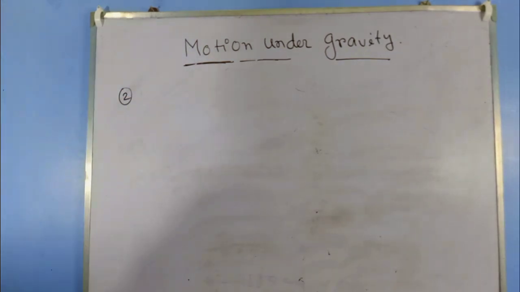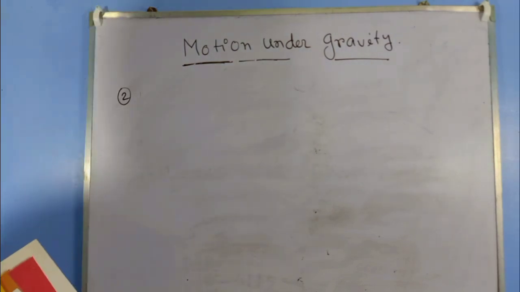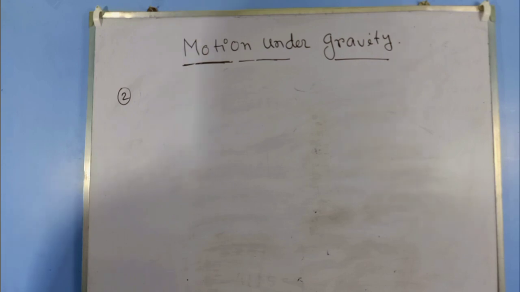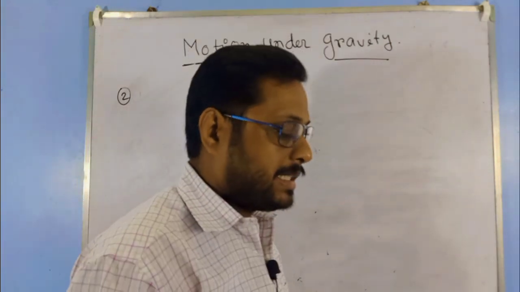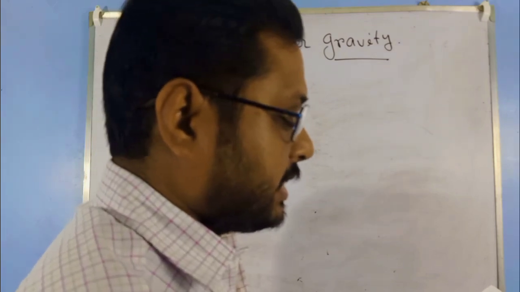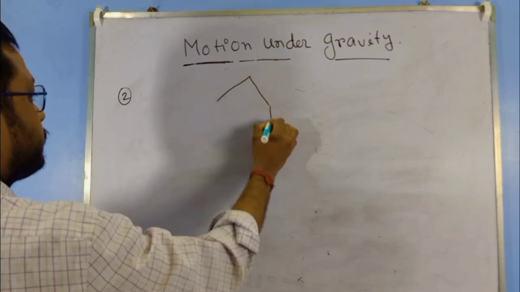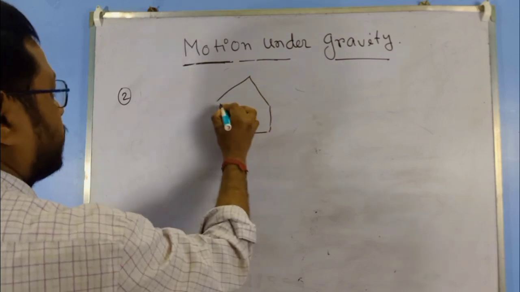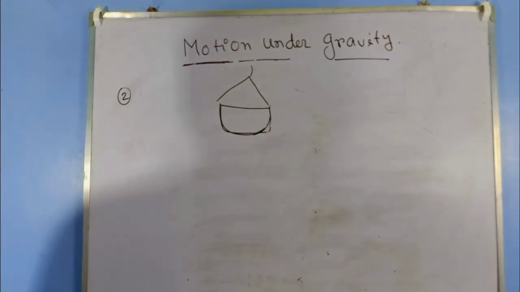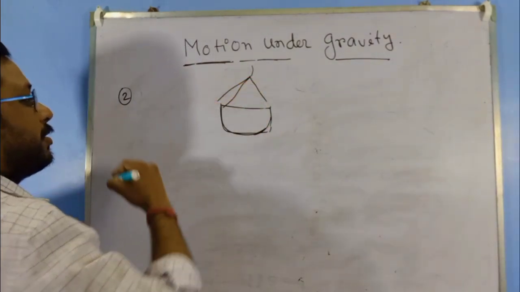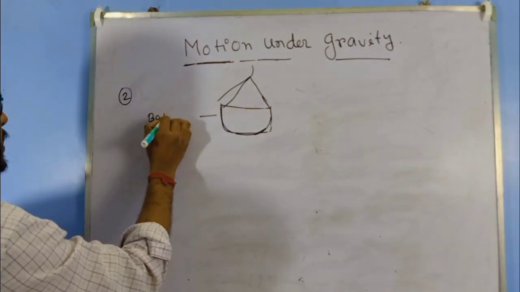This is known as the balloon stone problem or balloon food packet problem. The problem: a stone is dropped from a balloon rising upwards with a velocity of 16 meter per second. I draw very badly, but please understand this as a balloon.